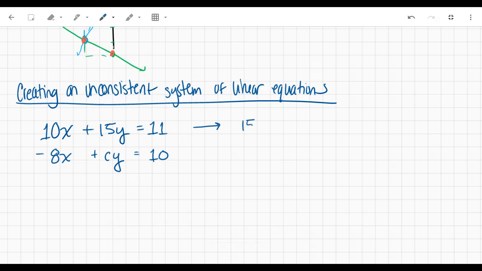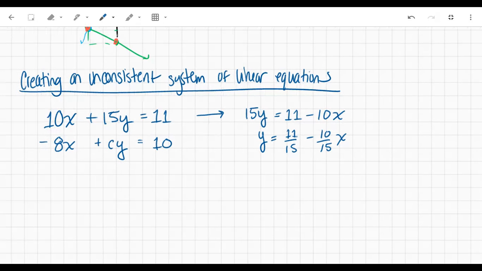So we're going to have 15y equals 11 minus 10x. So y is 11 over 15 minus 10 over 15x. And you can tell that's always going to be like that.